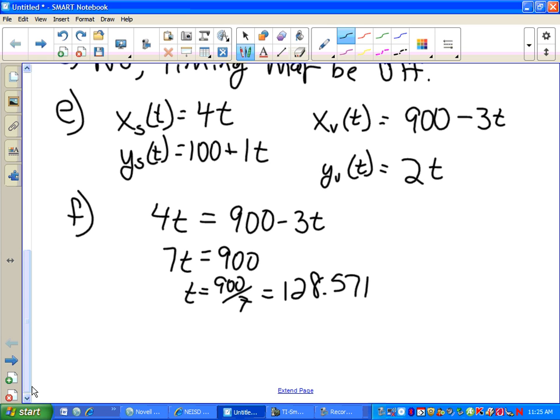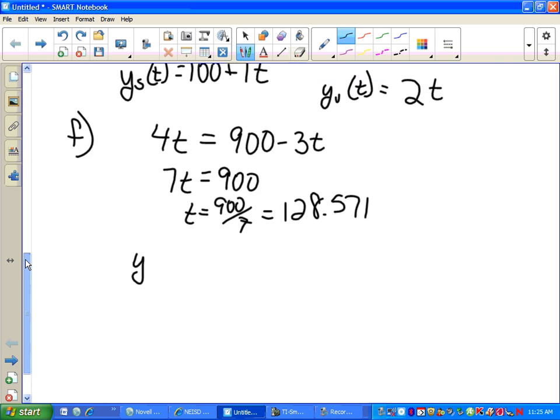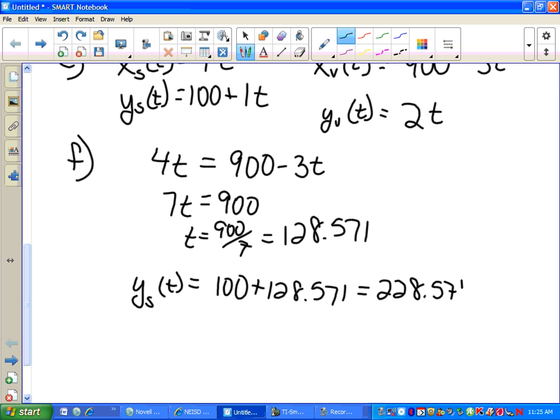Part G says, use the value from F to determine whether the boats collide. So here's what we're going to do. We're going to take our Y values. What was Saeed's Y value? 100, so it equals 100 plus 128.571, which would be about 228.